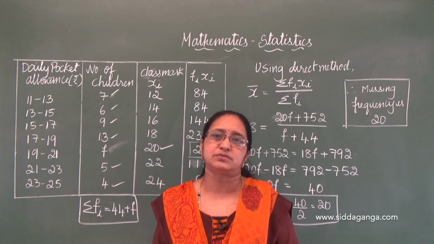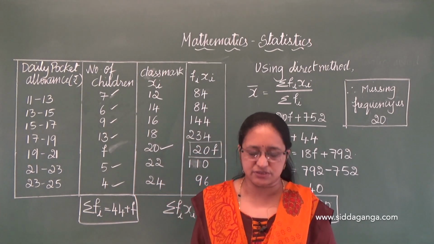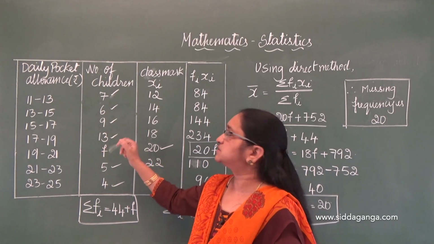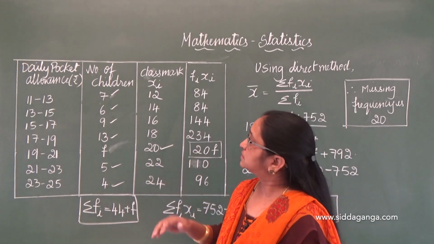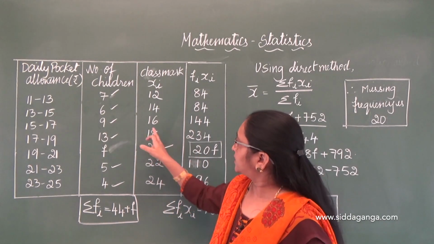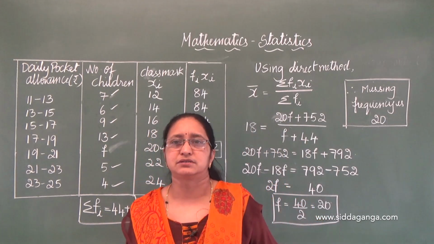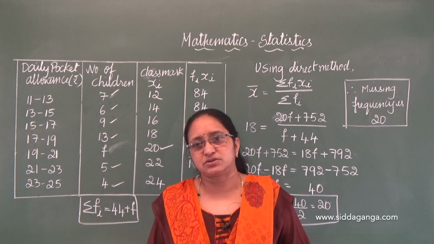So you have to apply the appropriate method. When you see the question, or when you see these 2 columns, you will come to know. So here we can reduce the value by finding the assumed mean, isn't it? So step deviation method also.